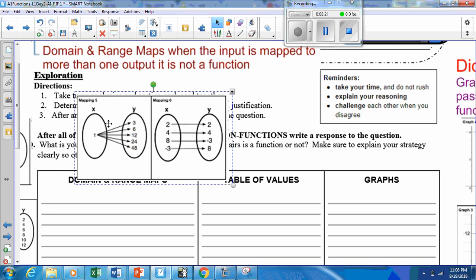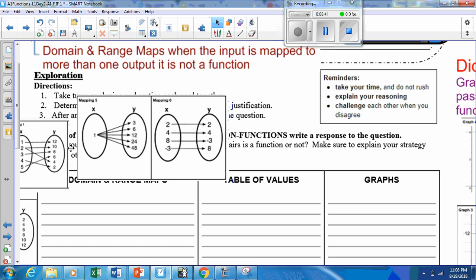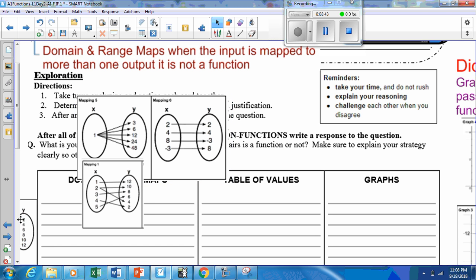Okay? All right. So this is actually a counterexample, and this is an example of not having a function. So these two things go together. Okay, these are all examples of non-functions.